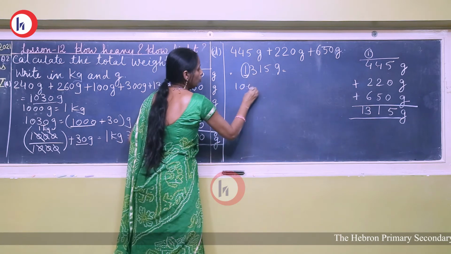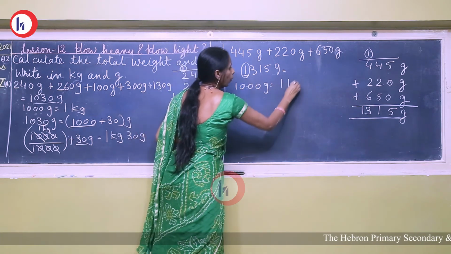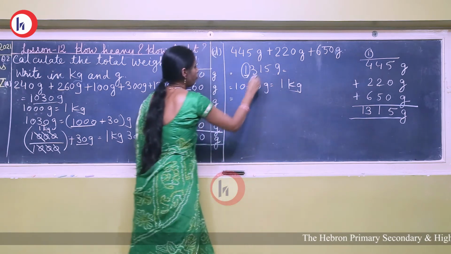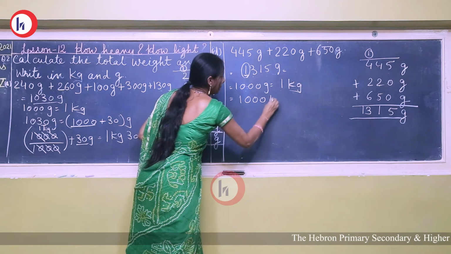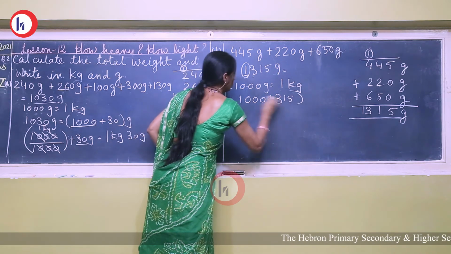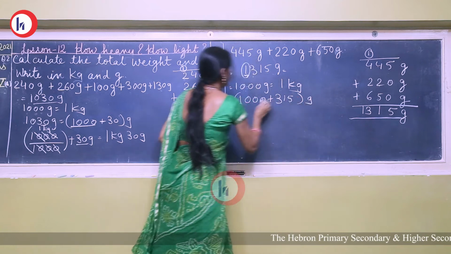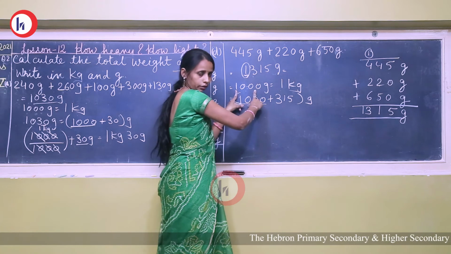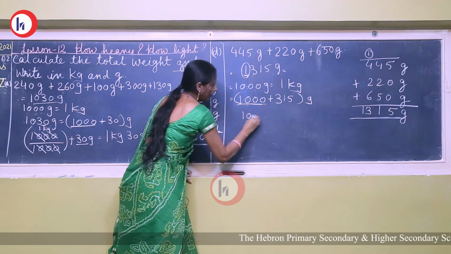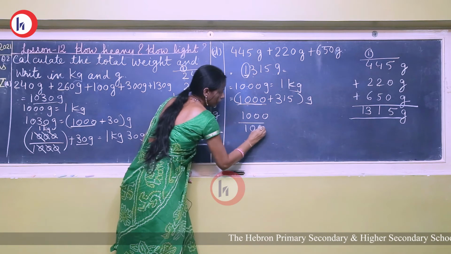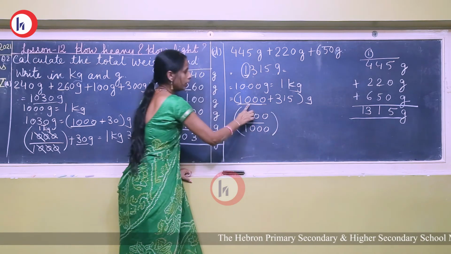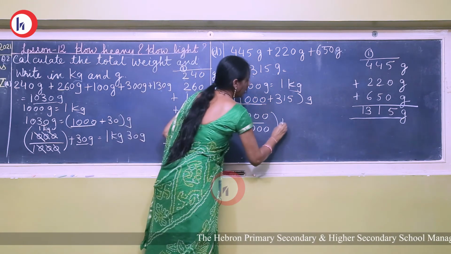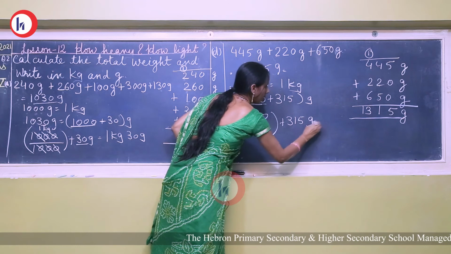Now see, as you know, 1000 gram is equal to 1 kilogram. So first of all, 1000 plus 350 gram. This number will be separated because we have to divide by 1000. So this 1000 will be divided by 1000 gram, because it will be converted into kilogram, plus 350 gram.